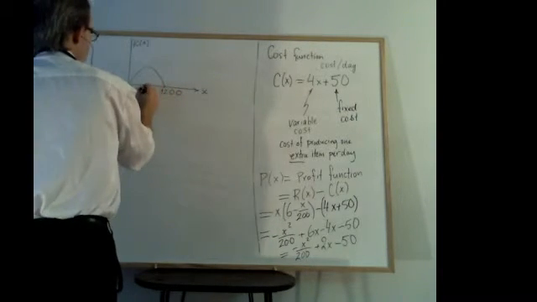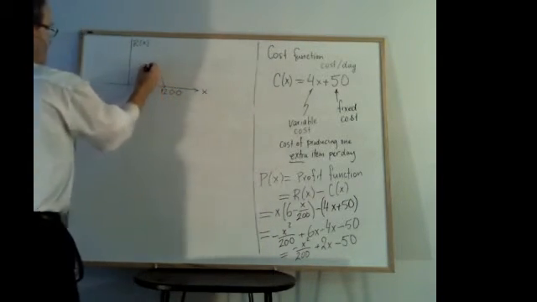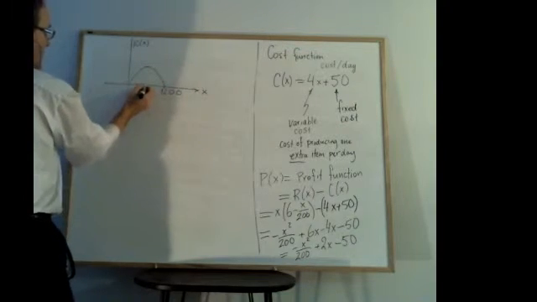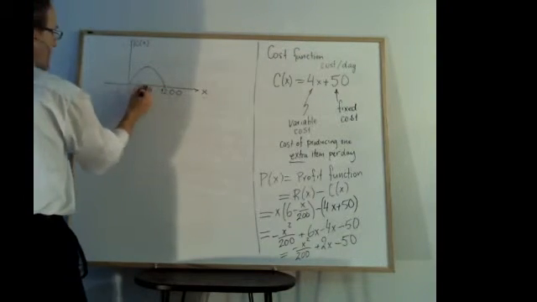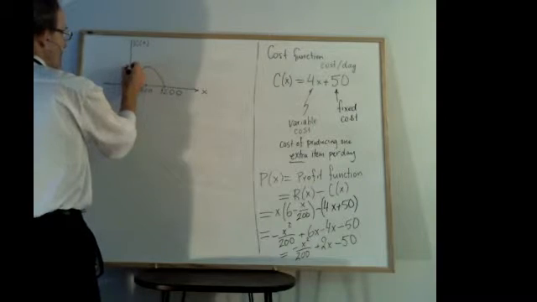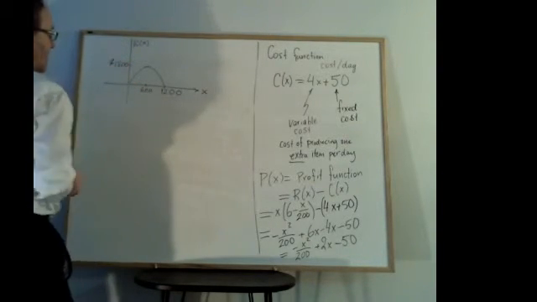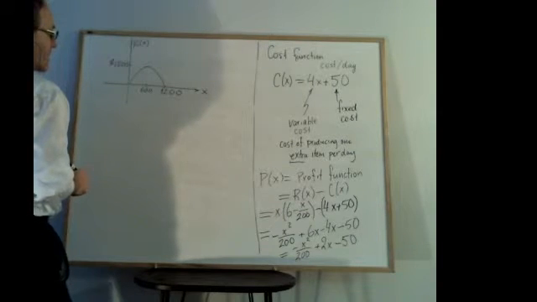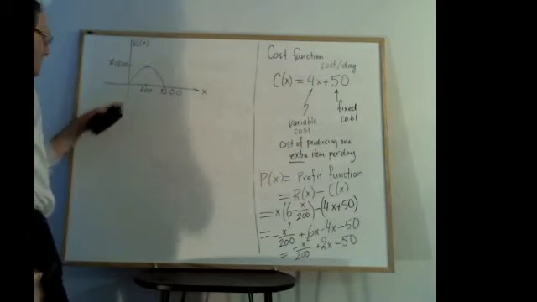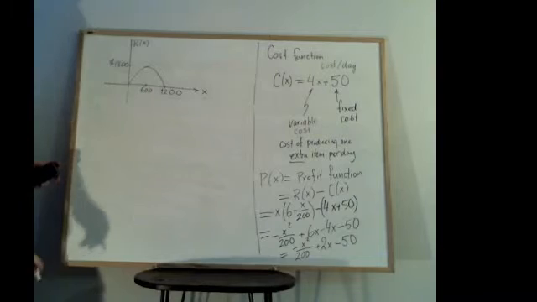Symmetric with respect to the central value, which gives us the maximum. So we found that to be 600, halfway between 0 and 1200. And our maximum was 1800, as we found, $1,800. Okay, so that's what the revenue function looked like.